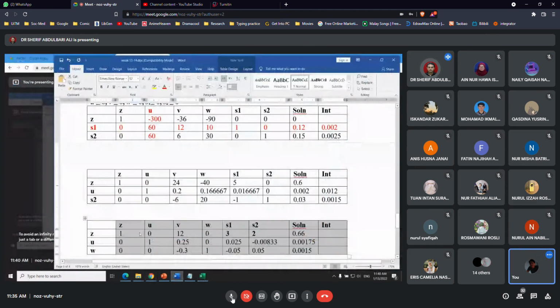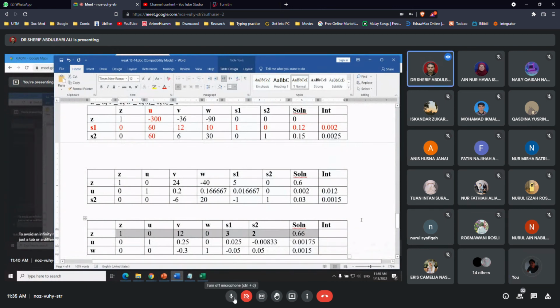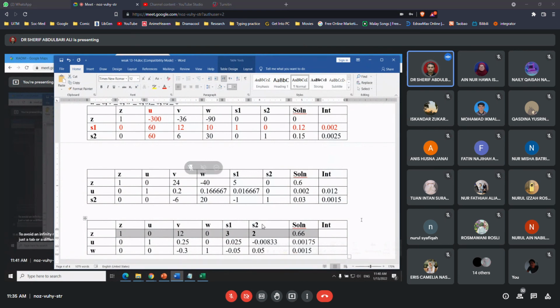Did you get the answer like this? Okay, never mind. So that means if the last one is wrong, that means your first iteration is perfect, correct?